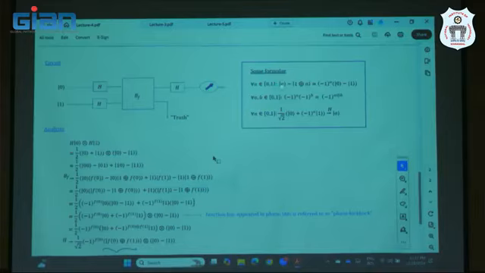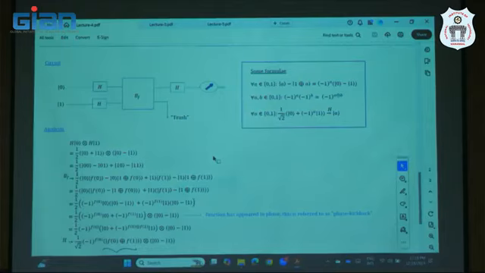Suppose we put the value of a to 0. What do we get here on the left hand side? Ket 0 minus ket 1. What is on the right hand side? What is minus 1 to the 0? Minus 1 to the 0 is 1.